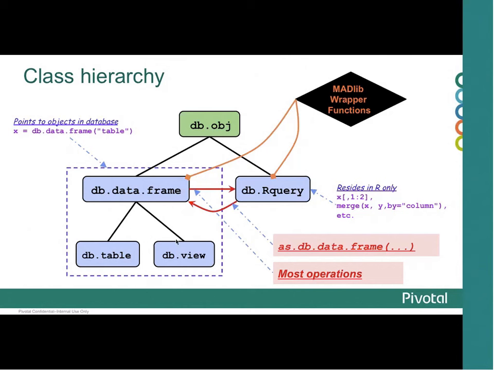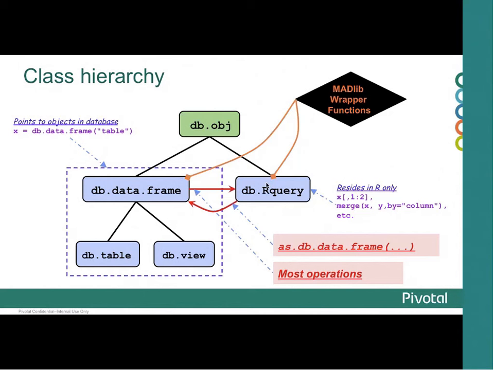Let's say you do some manipulations in R after you've assigned a specific SQL table to a DB table object in R. What then happens is that inside of R, this turns into a DBR query object. A DBR query object is essentially a select statement in SQL under the hood.